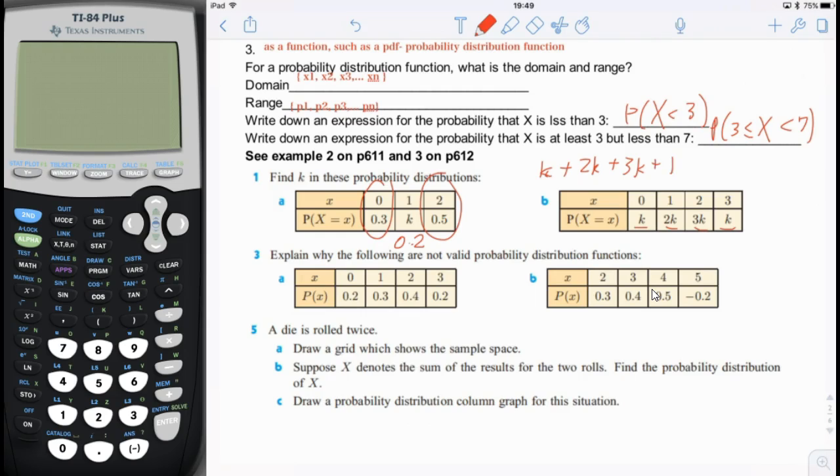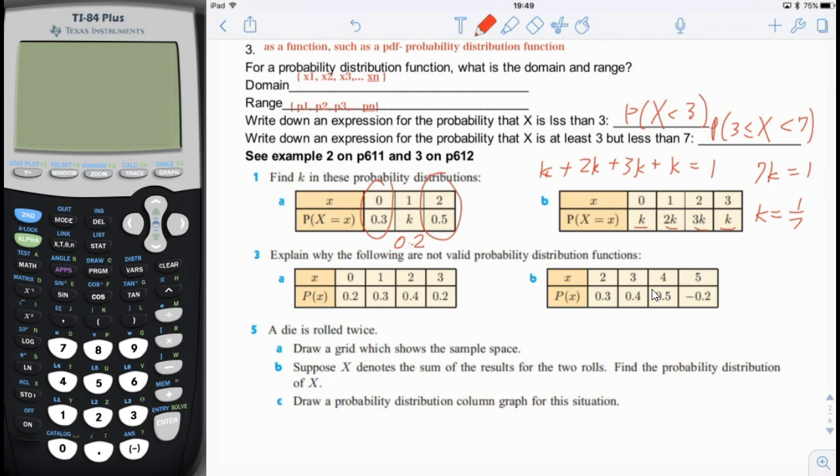Let's simplify this. k plus 2k plus 3k plus 1k is equal to 7k equals 1. So what is k? Divide both sides by 7, you get 1/7. So our k is 1/7. Not that hard.